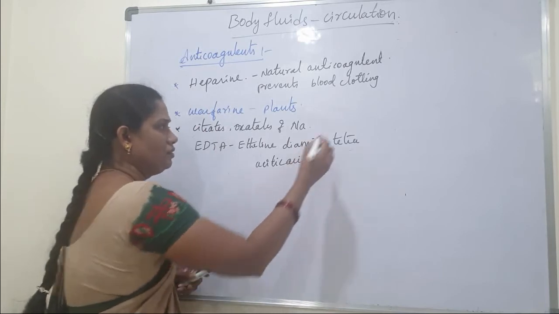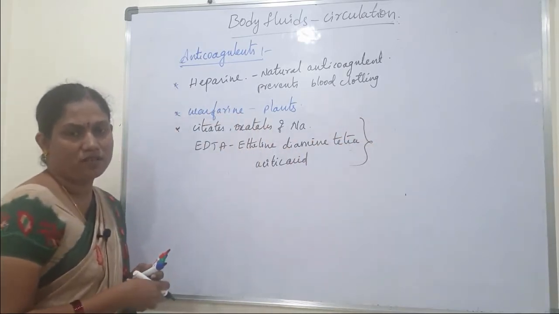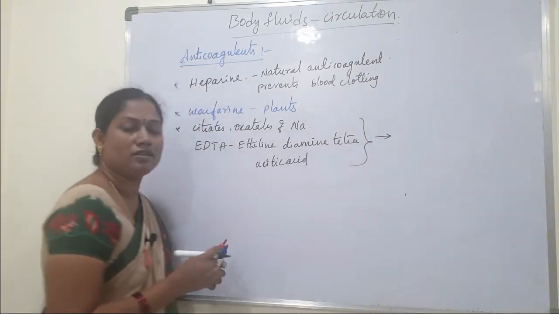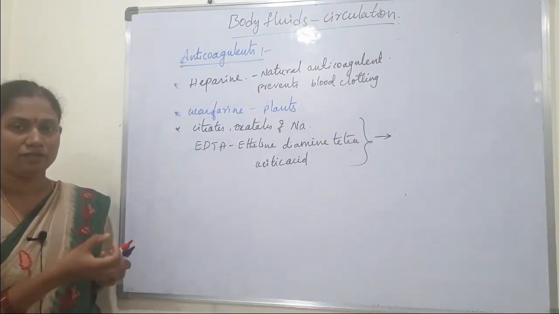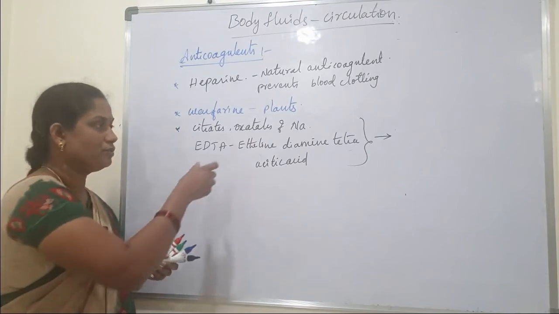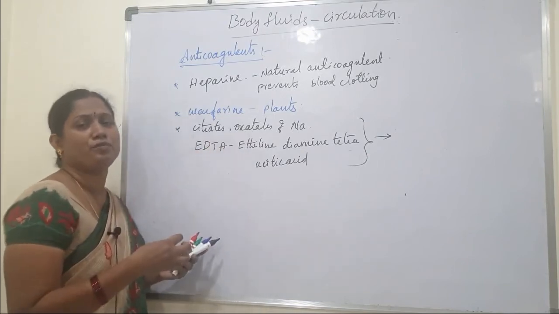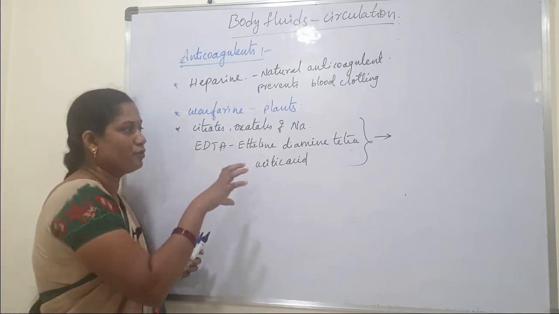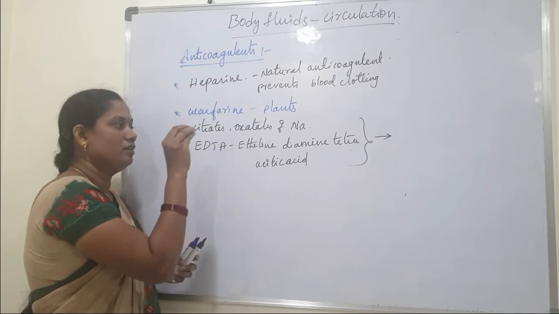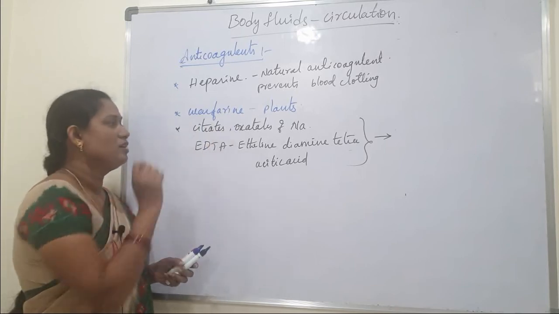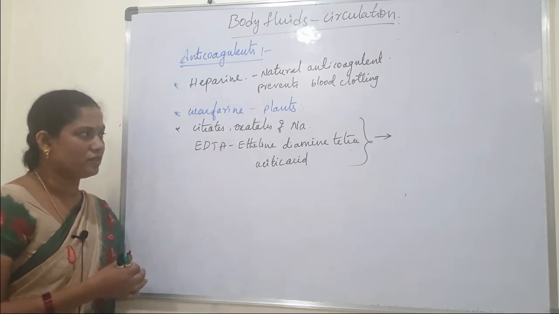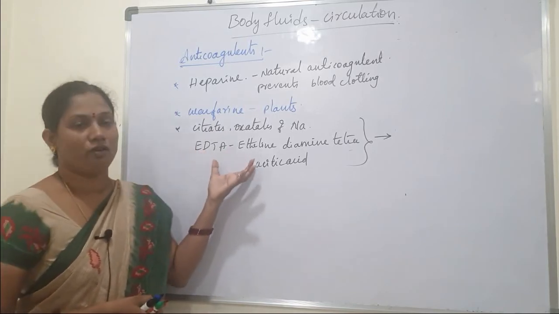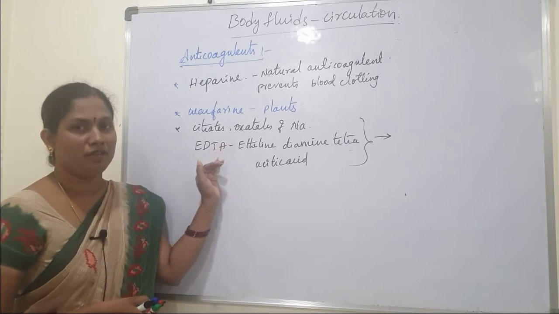These are chemicals used as anticoagulants, generally in blood banks whenever they are taking blood. Whenever blood comes out from the blood vessel, it can clot. To prevent this, lab technicians use citrates or oxalates of sodium, or EDTA. They prevent the blood clotting. Generally these are used in blood banks.